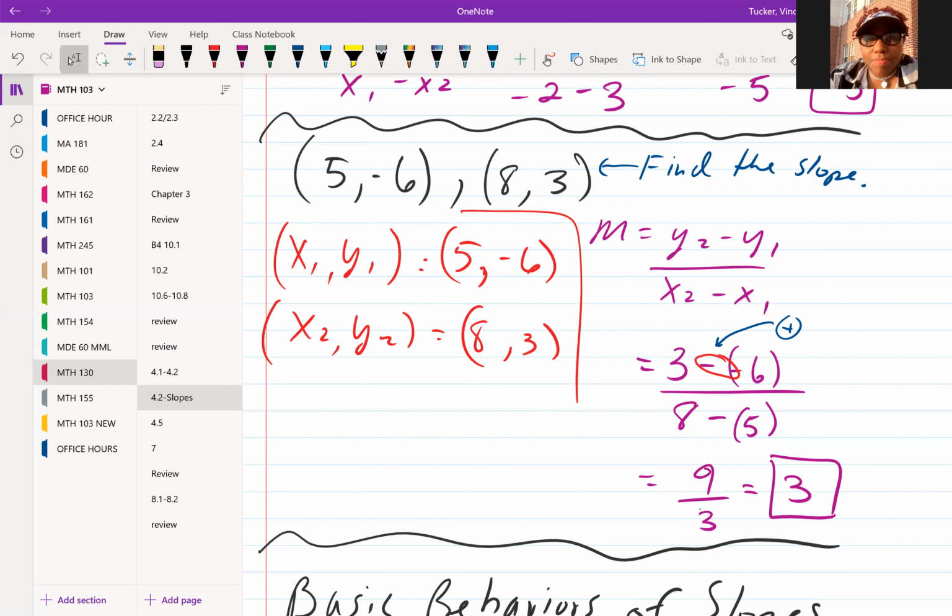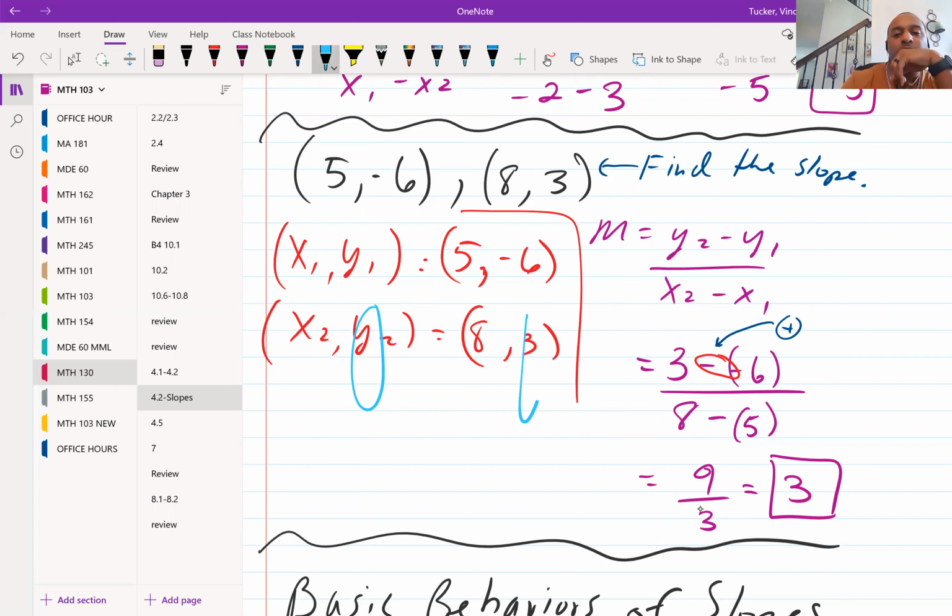Once you label them, you go ahead and plug it in accordingly. So y2 is 3. Y1 is -6. And then x2 is 8 minus x1, which is 5.